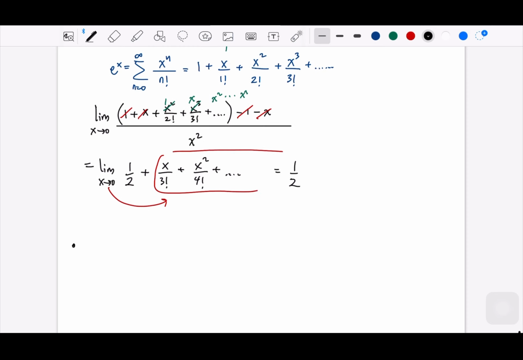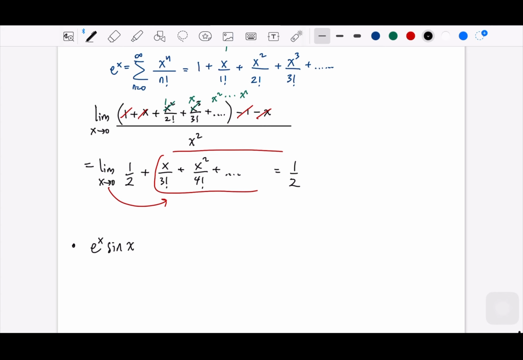Okay, another example is if we want to combine some Maclaurin series. For example, if we have e to the x sine x. We want to know the first few terms, maybe 4 or 5 terms, or maybe 3 terms.